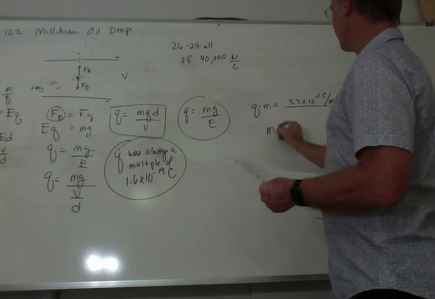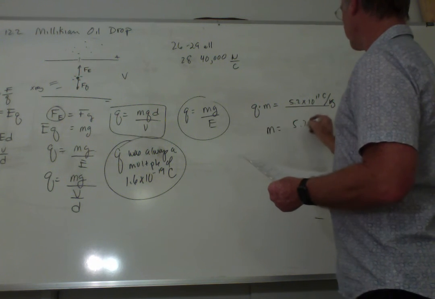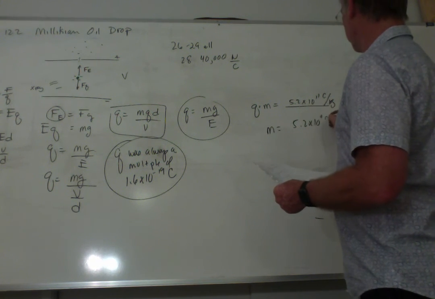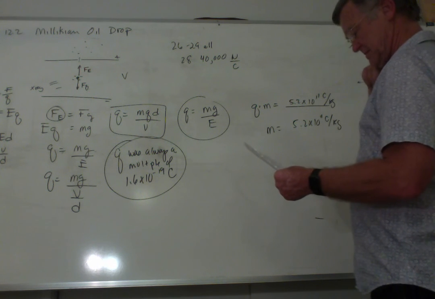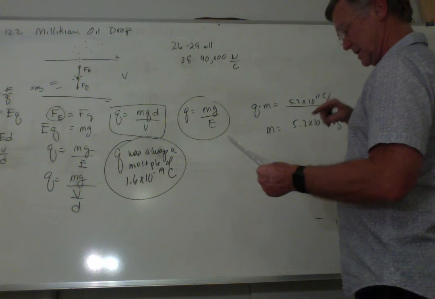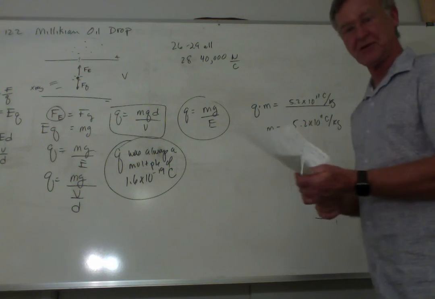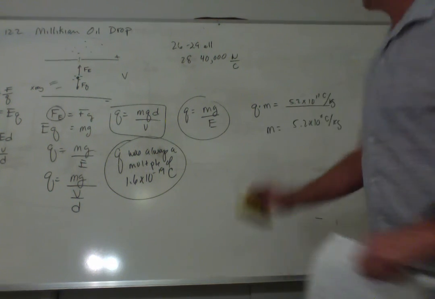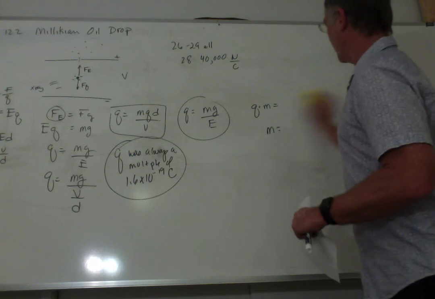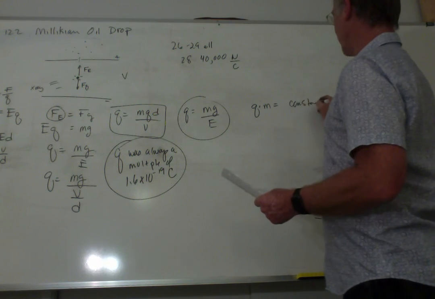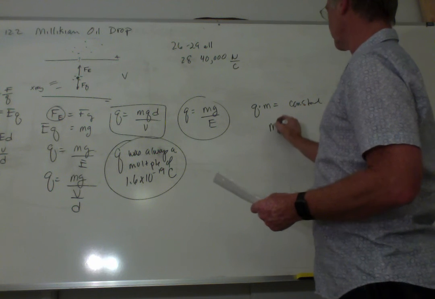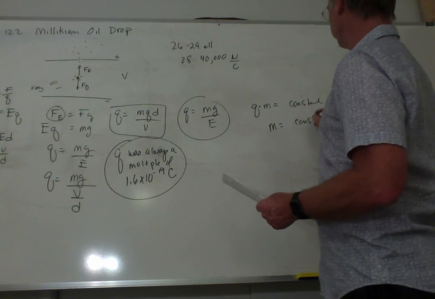And I've done something wrong here. This is not the right number. But what happens is we know this was a constant, and because of that, now that we know what the charge on the electron is, we would know what the mass is.